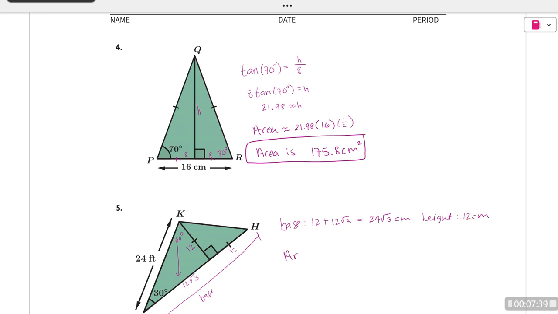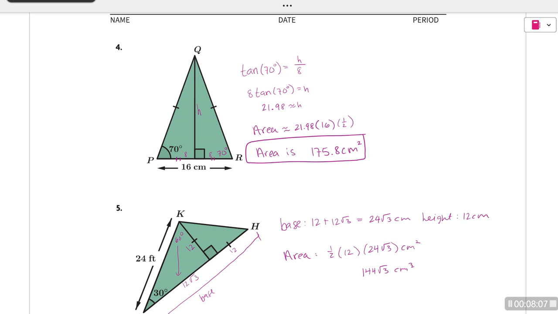So our area is 1/2 times 12 times 24 root 3 centimeters squared. Right, so that gives us 1/2 times 12 is 6. So we do 6 times 24, which is 144. So 144 root 3 centimeters squared.